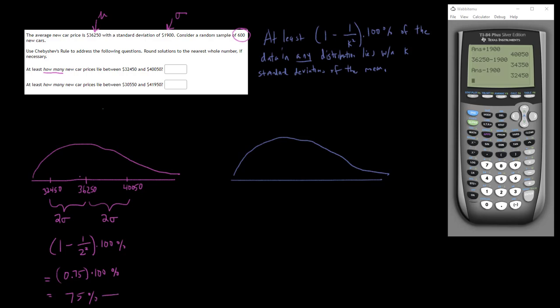So 75% of 600 is what? Well, remember to find percentages, you convert to a decimal form, so 0.75 times 600. Now you should know this. Think about time, 60 minutes. What's 3/4 of 60 minutes? It's 45 minutes, so 75% of 600 is going to be 450. So we're talking about 450 observations.